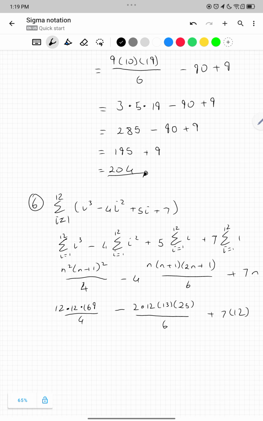So here we're gonna get 3 times 12 times 169. There's no division now, it's erased. This was supposed to be 3 minus 2 times 4 times 13 is 25 plus 7 times 12.